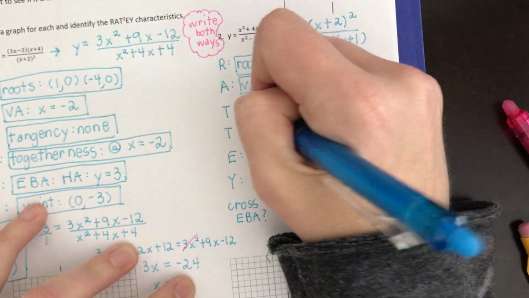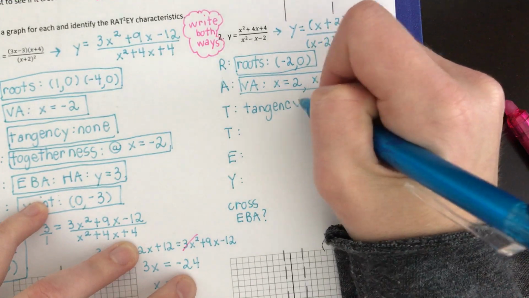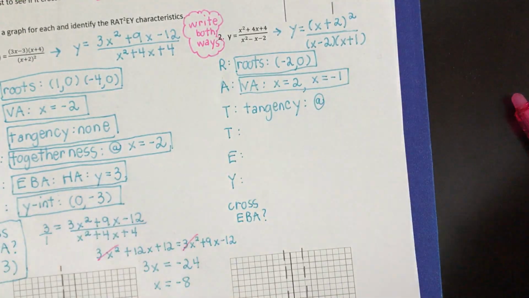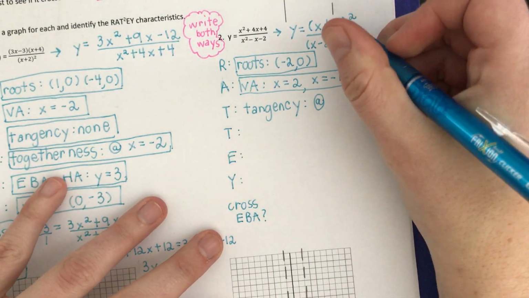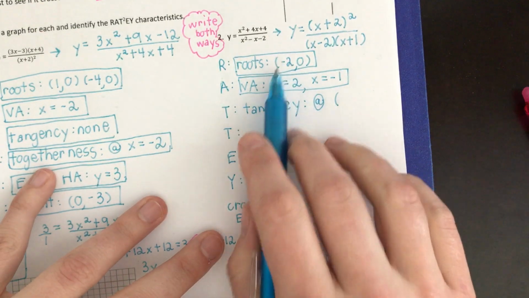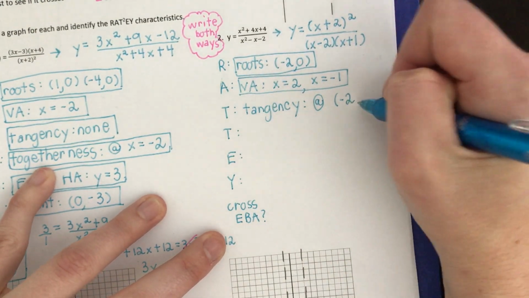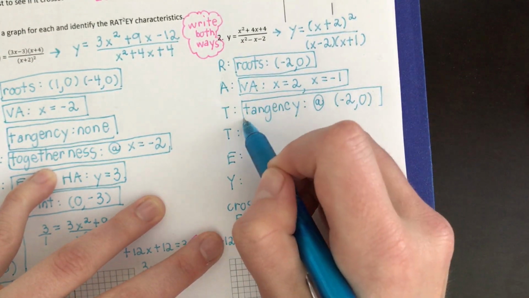Okay, tangency. Remember, that comes before togetherness. And we have tangency at a point. Remember, that's going to be a point. We have tangency at our numerator at -2, 0, because that tangency is like a bounce.